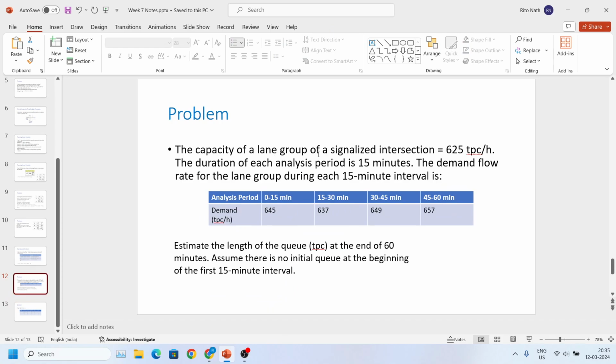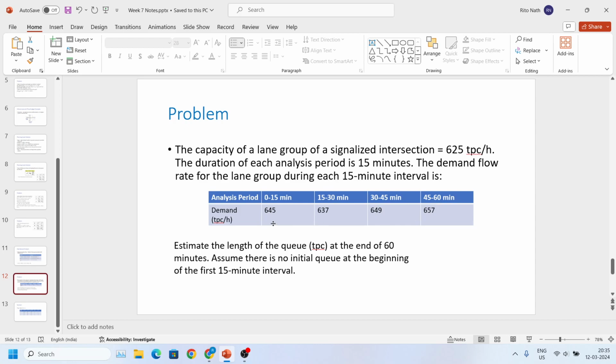So you have a signalized intersection with capacity 625 TPC per hour, and each analysis period has a duration of 15 minutes or 0.25 hours, and the demand flow rates for the lane group during each of these intervals are given.